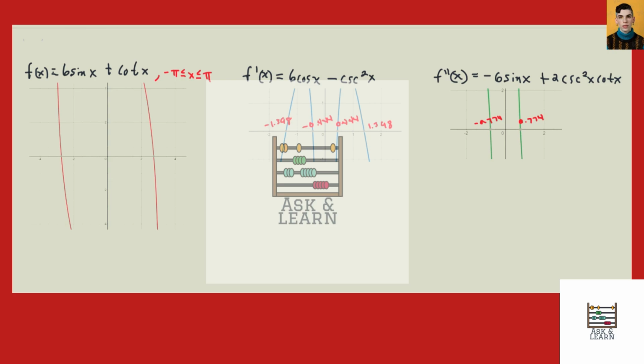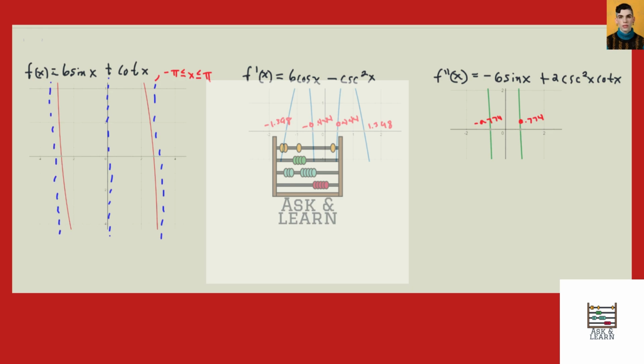Now, one thing we might need to think about is this function is actually not defined at negative pi, 0, or pi. So in the original function, let me just go ahead and draw, we have vertical asymptotes at x is equal to 0, x is equal to pi, and negative pi.